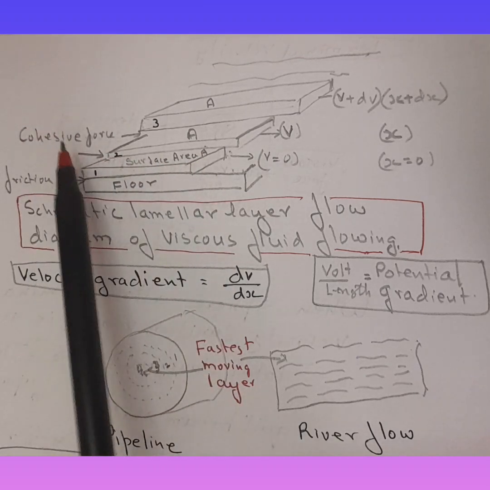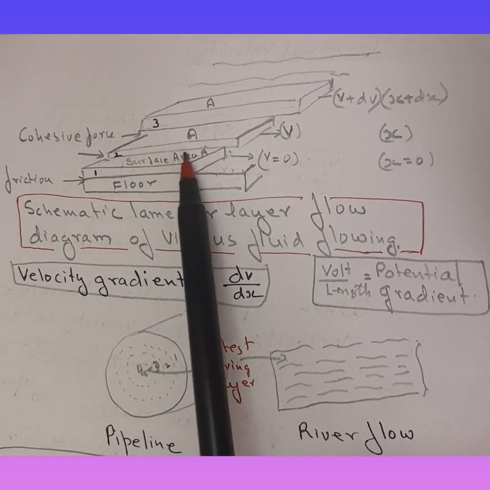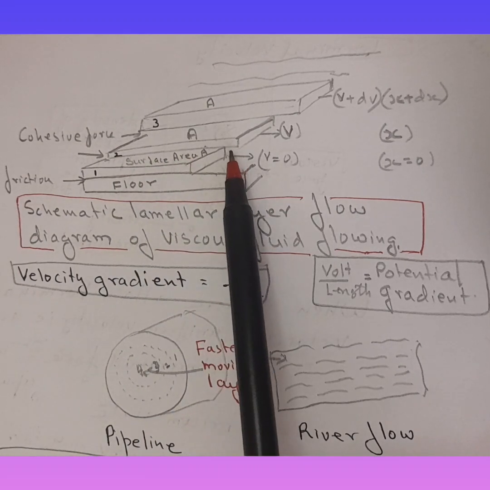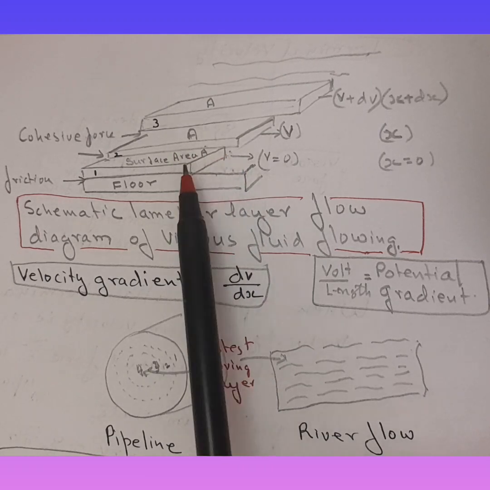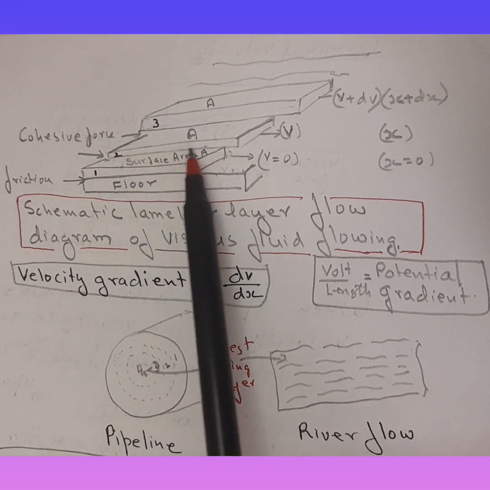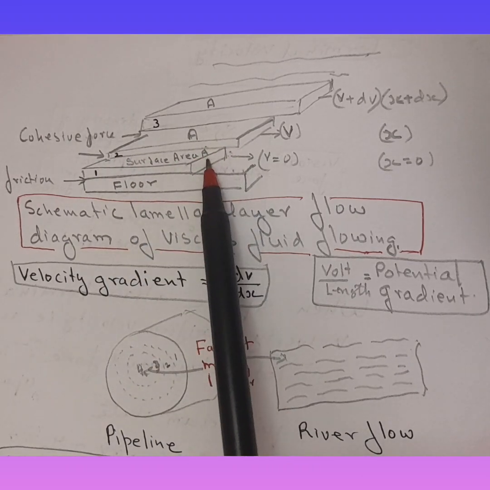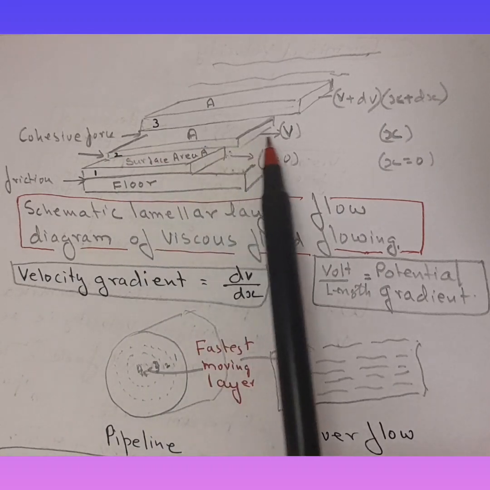There is a cohesive force acting, owing to which it doesn't let it slide freely. But definitely it slides, whereas this is stagnant. So this slides more than this. The velocity with which it slides, I call it V.